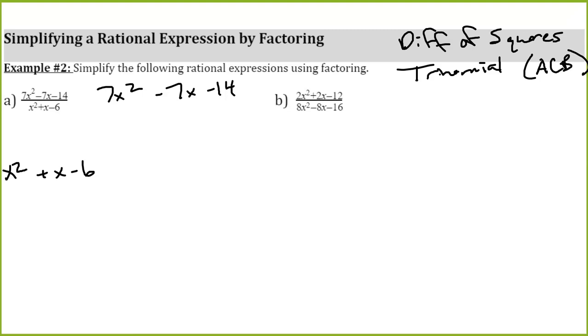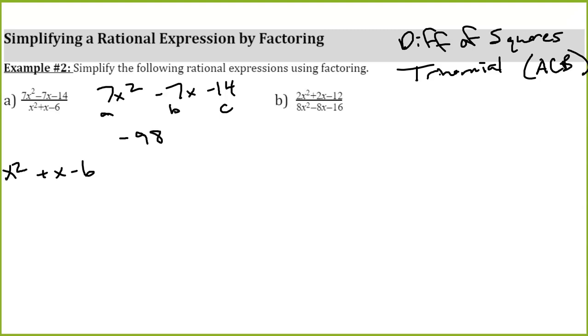Remember, to do an ACB tree, A, B, and C are part of your polynomials there. 7 times negative 14, the AC part, should be negative 98.